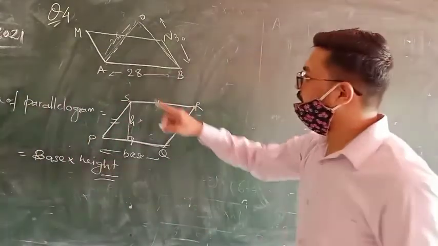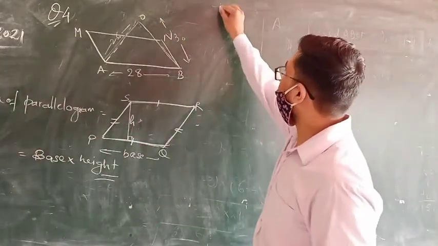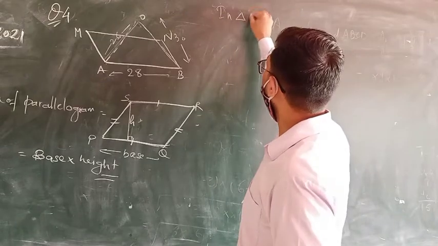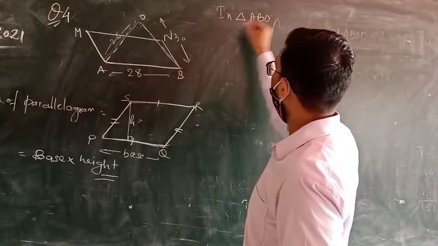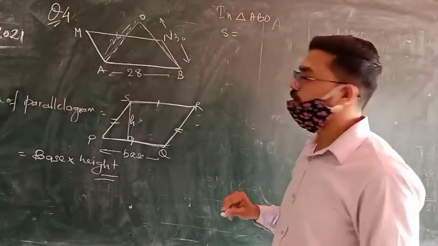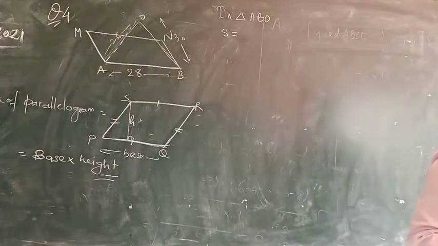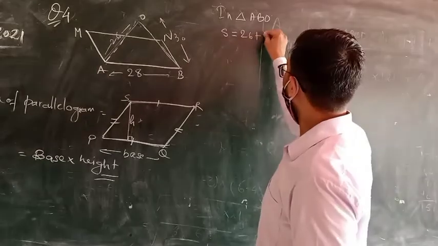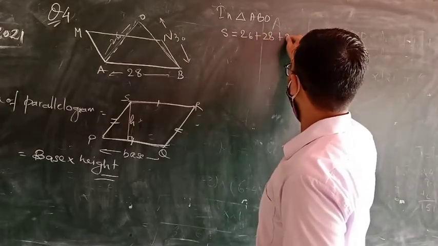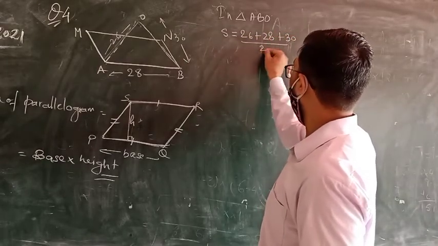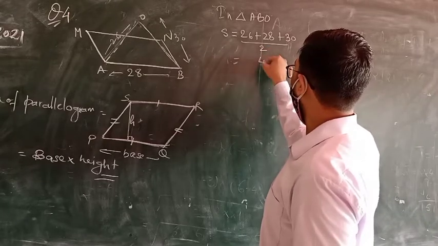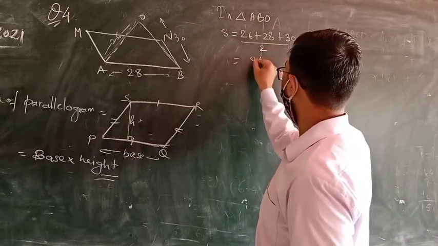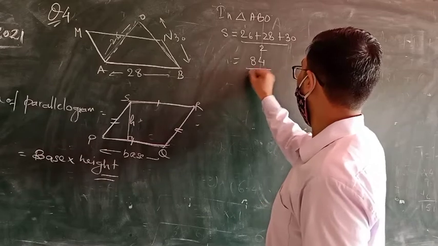Now I have a triangle ABO. In triangle ABO, first I calculate the value of S, like 26 plus 28 plus 30 divided by 2. 6 plus 8, 14. 2 plus 2, 4. 4 plus 3 plus 1, 4. 4 plus 4, 8.